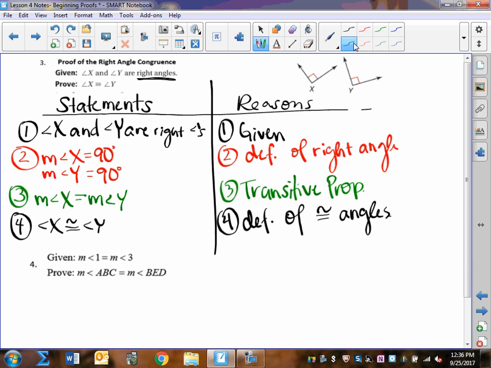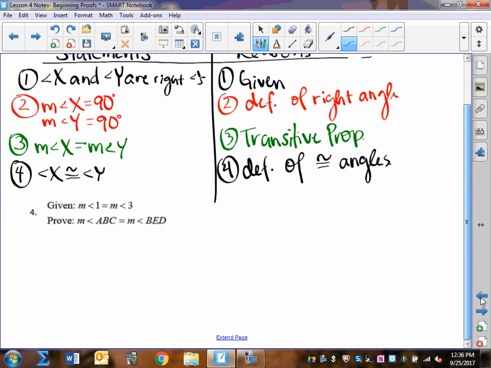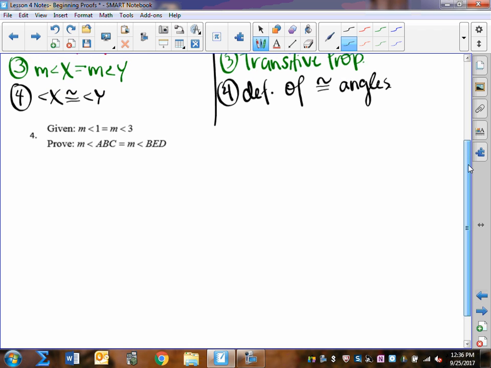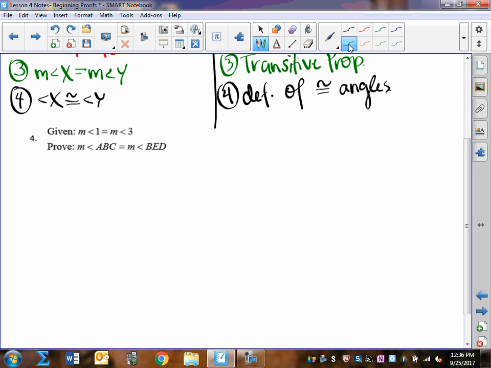All right, now for 4 and 5 we've got to draw in some pictures. So let's start off with 4. This is the diagram that would normally be given to you, but it did not make it to your notes. All right, so we've got a few different angles here. So this is angle 1, 2, and 3.